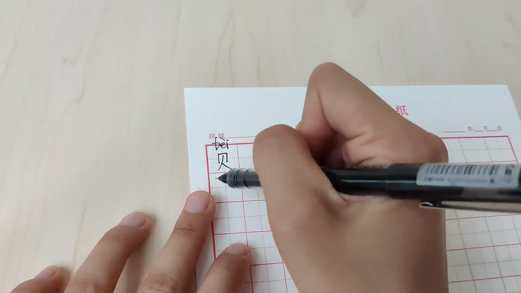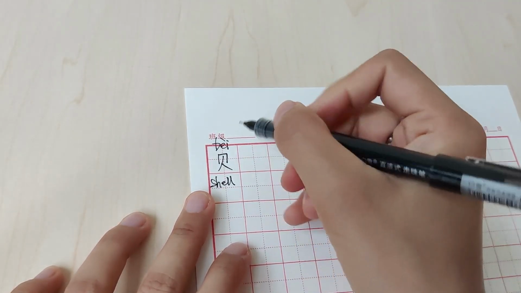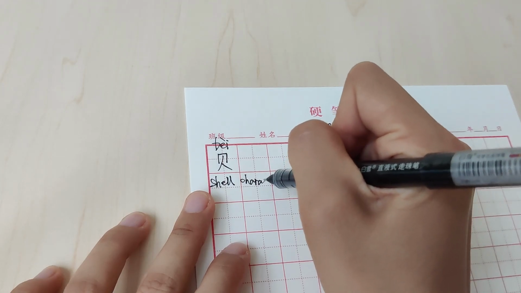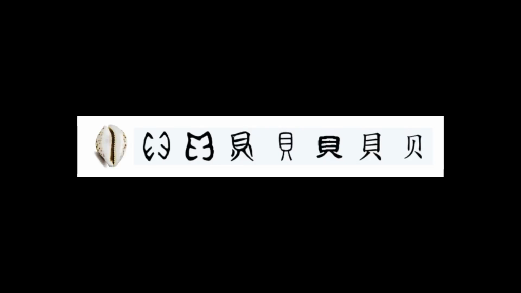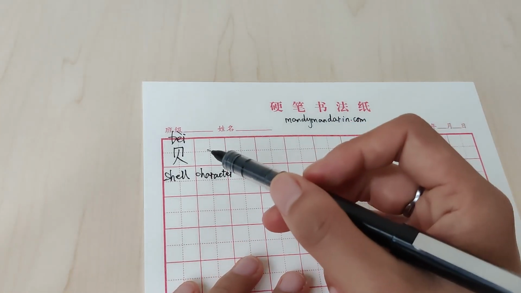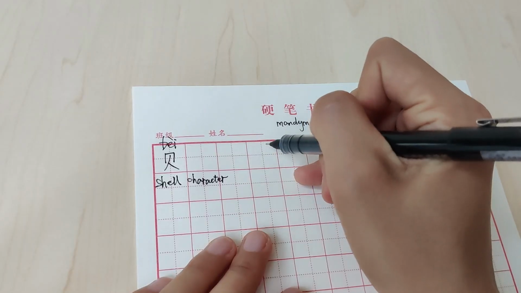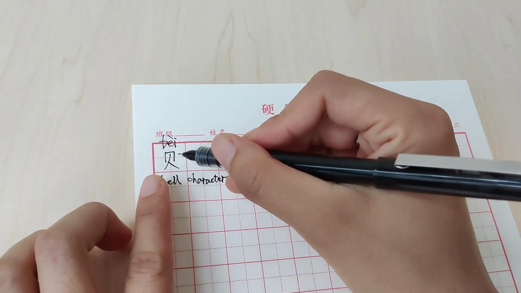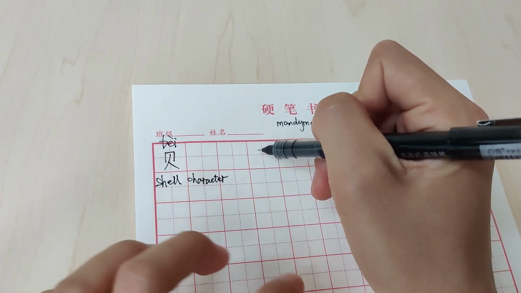Bei. It's the shell character. And here is the evolution of the bei. And you can see it's evolved from the shape of a shell. To turn the shell character into the shell radical, we need to squeeze it to the left side.